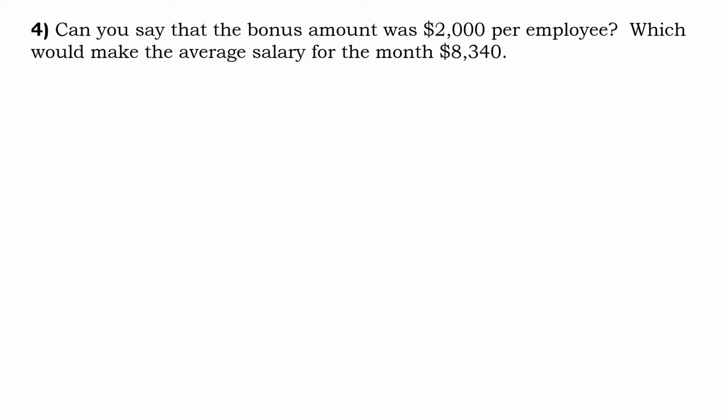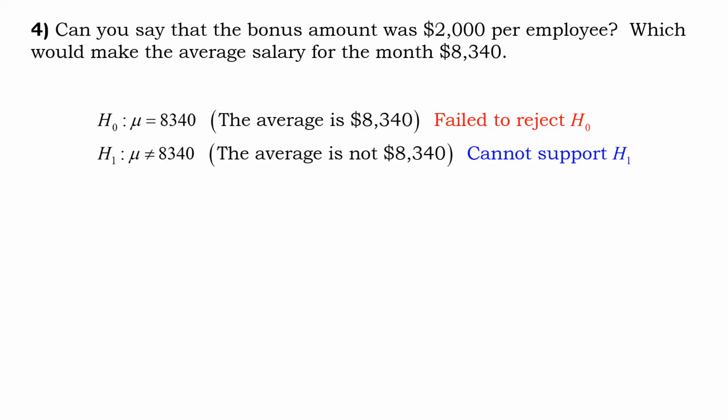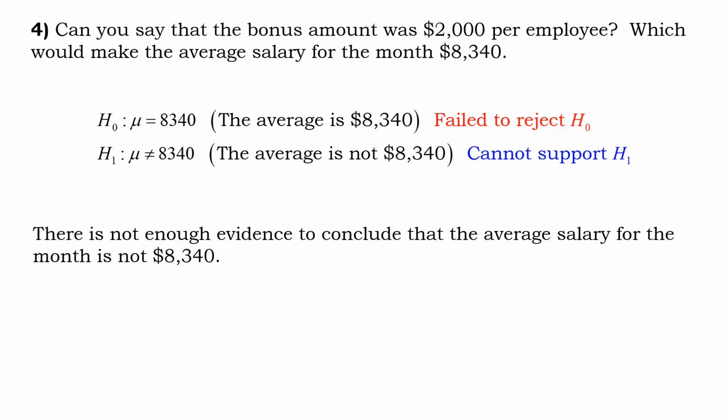So we set out to determine if the bonus amount was in fact $2,000 per employee. So what can we say about that? Well, formally, we tested the average, okay? And we came up with that we could not support the alternative hypothesis because we failed to reject the null hypothesis. So there's not enough evidence to conclude that the average salary for the month where the bonuses were given is not $8,340.